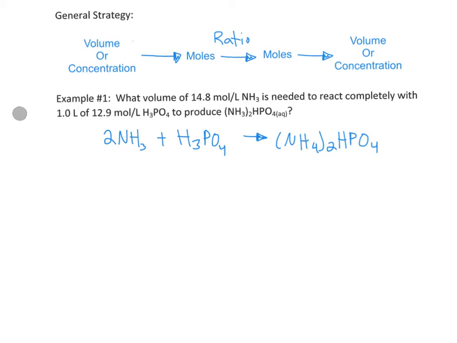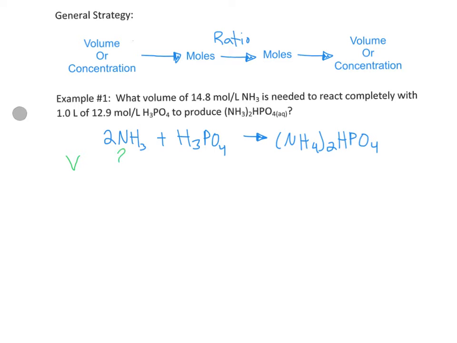The next thing we want to do is write out our givens. There's a nice neat way we can do this. To make it a little bit easier on yourself, you can just write your givens directly under your equation. So we're going to start with V. We are looking for our volume of 14.8 mole per liter NH3.